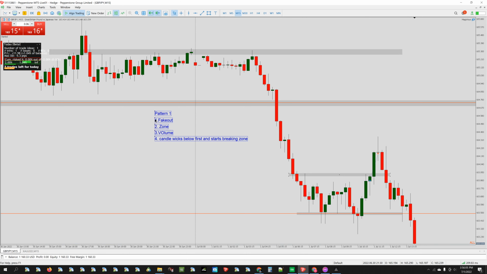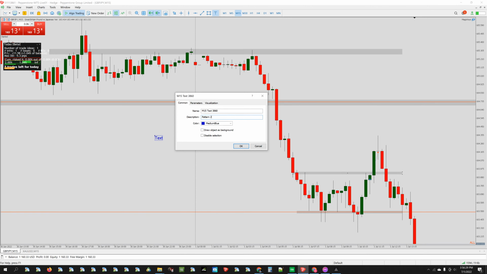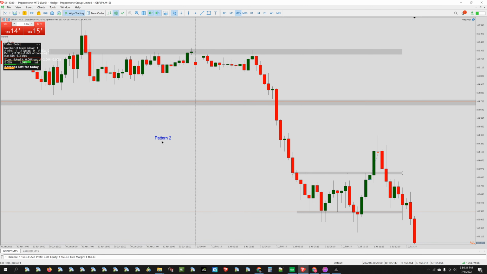So what we will do is identify our pattern 2. We haven't defined our pattern 2 so far, but now I will define it. Pattern 2. In pattern 2, the first thing we need is an established trend.